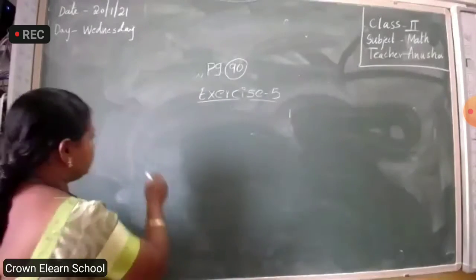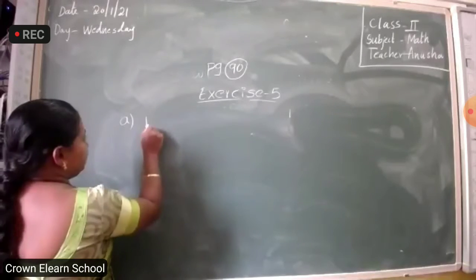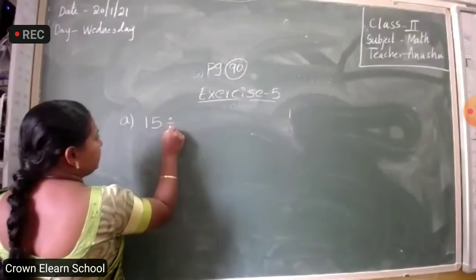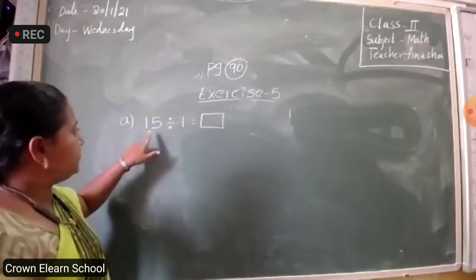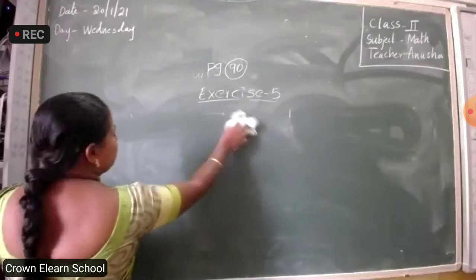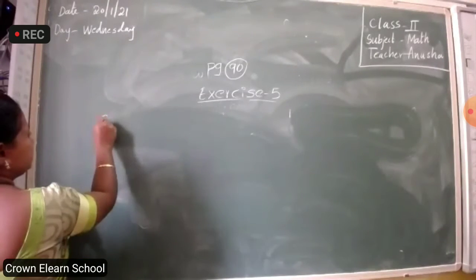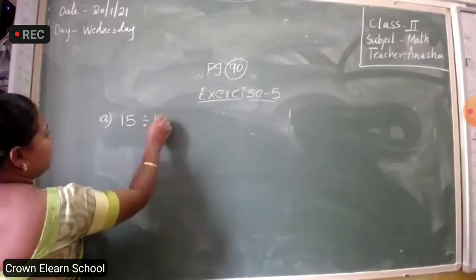Okay, first one, A. 15 divided by 1. What is the answer, Nana? I'm writing it on this side. 15 divided by 1.